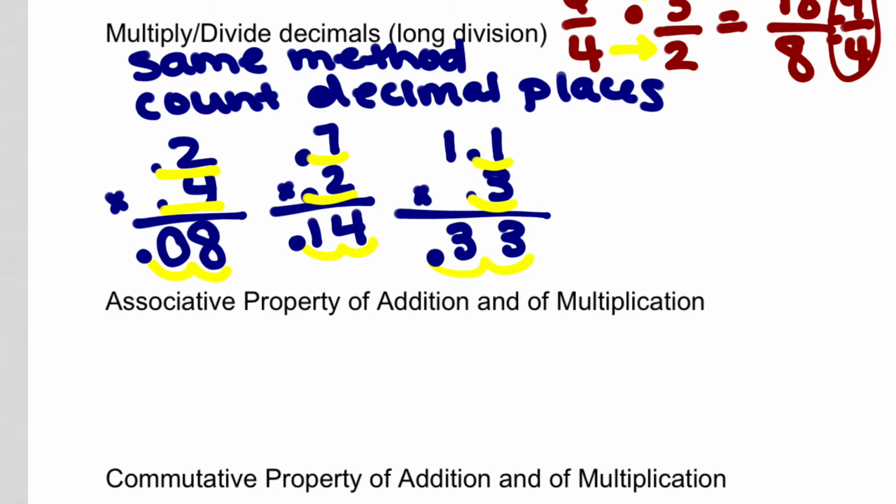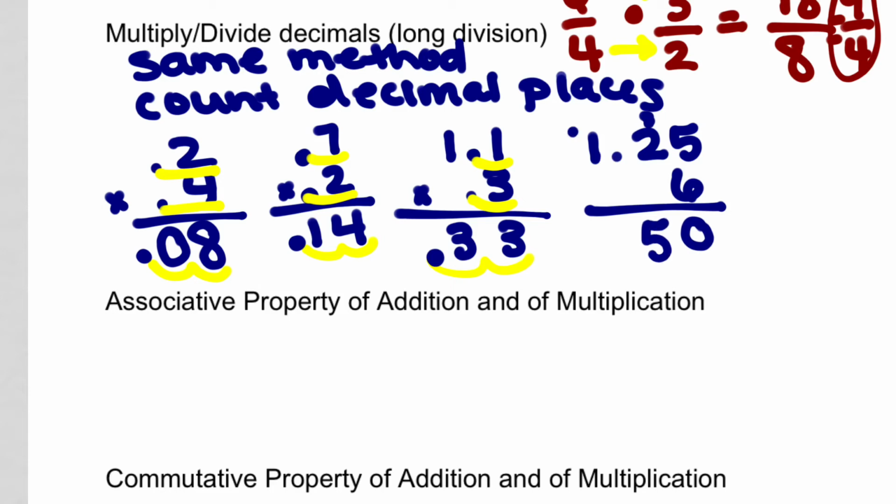Maybe it would be helpful if I did one that had a different number of decimal places. Let's say 1.25 times, well, let's just do a regular, let's do 6. Okay, so 5 times 6 is 30. So I put my 0 and my 3, 12, 13, 14, 15, 7.